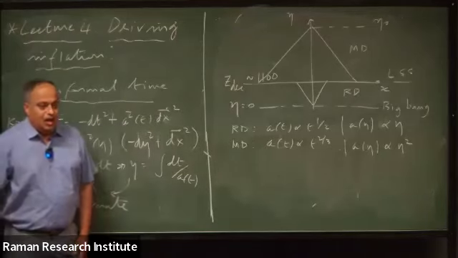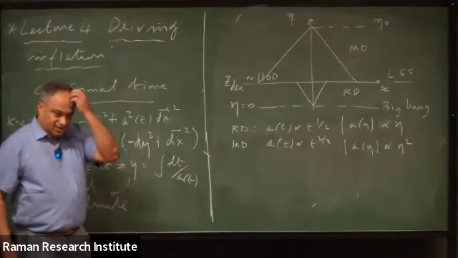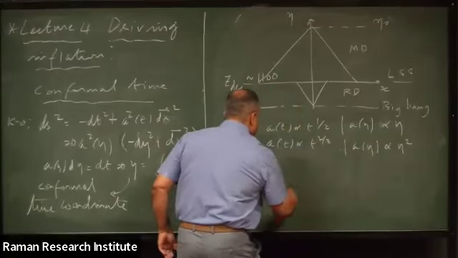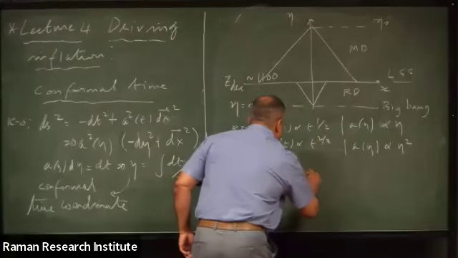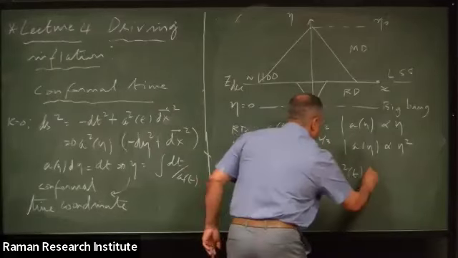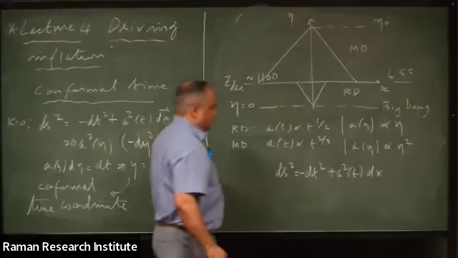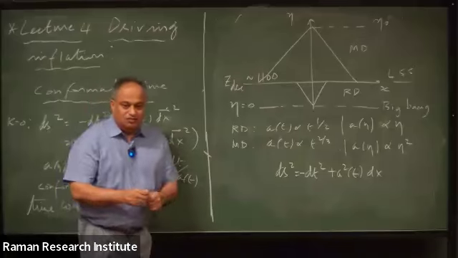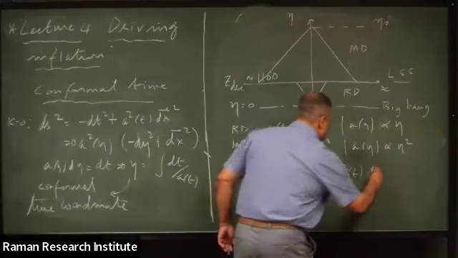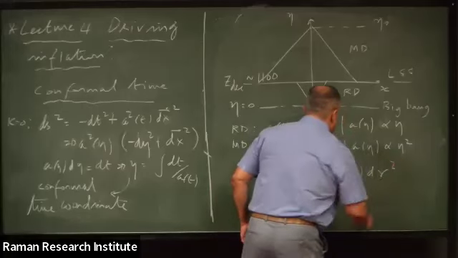Okay? And what is the horizon? What was referred to as the particle horizon. It's simple. So ds squared is minus dt squared plus a squared dx squared. Or, I can think of along a radial direction, I can even write it as dr squared.